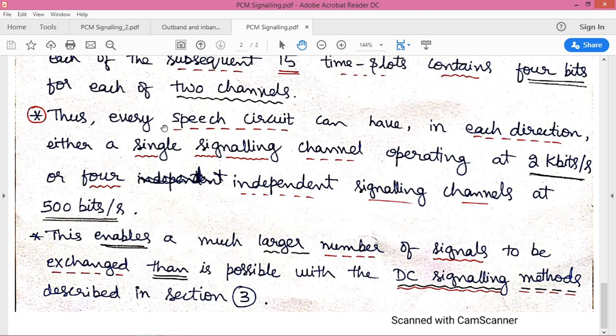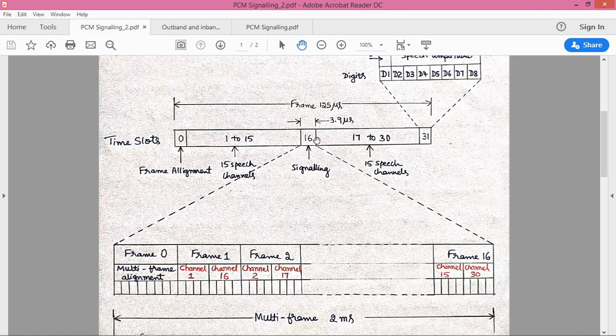We know that the speech circuits we have in our switching system operate in both directions. Of course, when a particular speech circuit is controlled by a single signaling channel, as we have discussed, associated with time slot 16 we will have a single signaling channel, and that single signaling channel will be controlling all 30 different speech signals for a particular speech circuit.